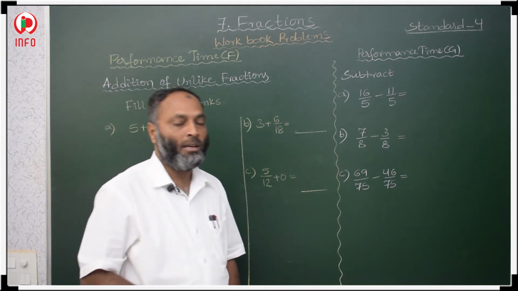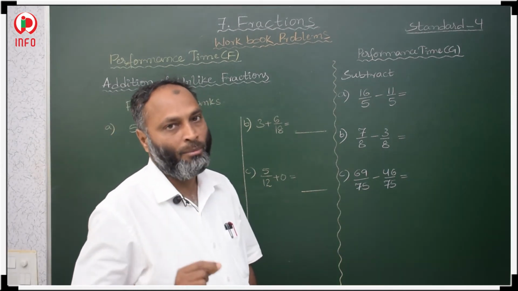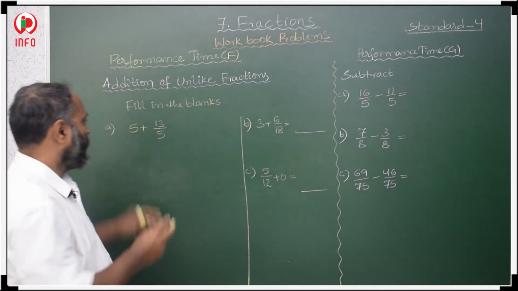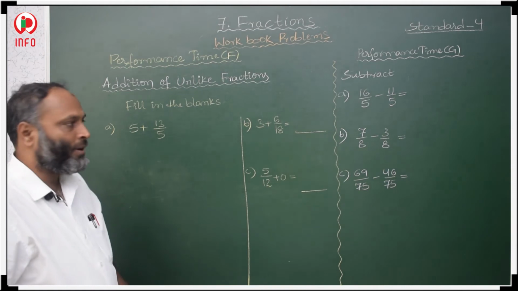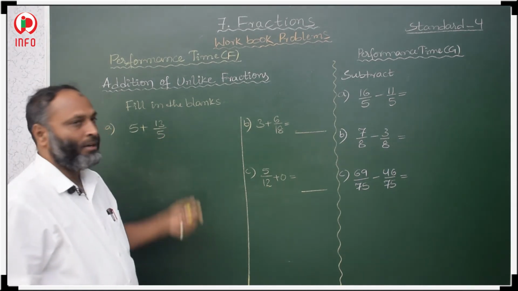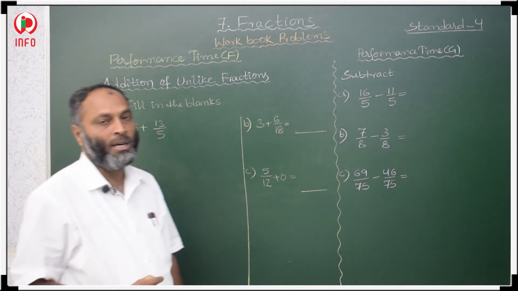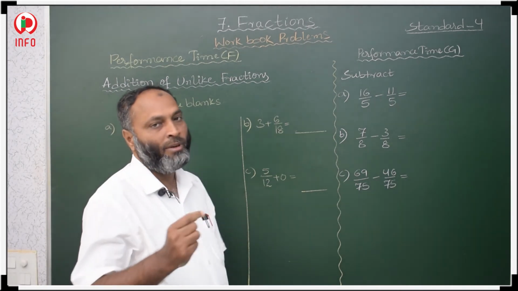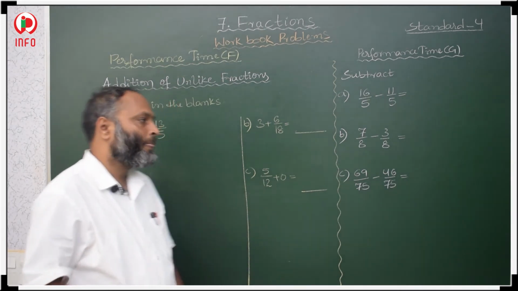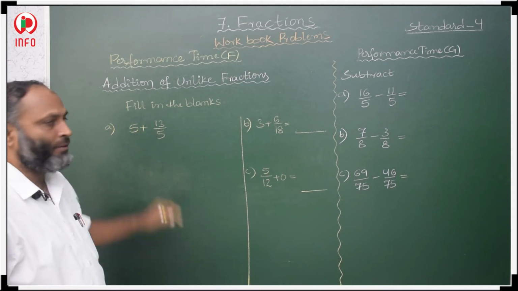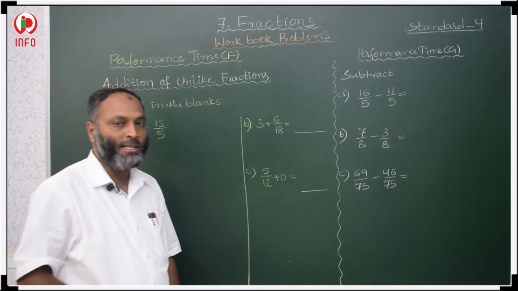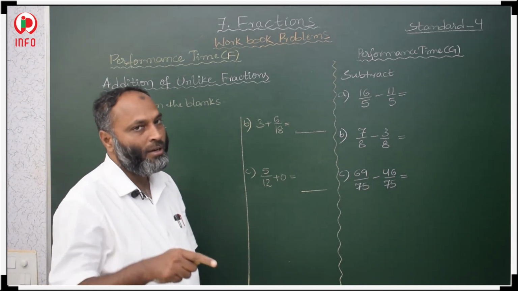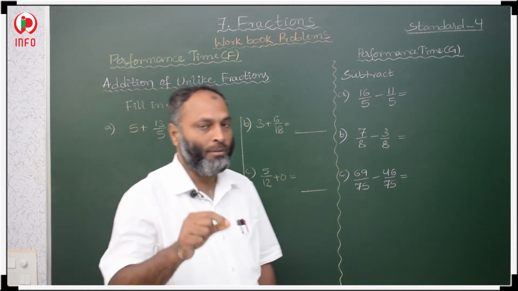Whenever a whole part and a fractional part are given, first check the fractional part. Is it a proper fraction or an improper fraction? 13 by 5 is an improper fraction. Whenever an improper fraction is given, first we have to convert it into a proper fraction.